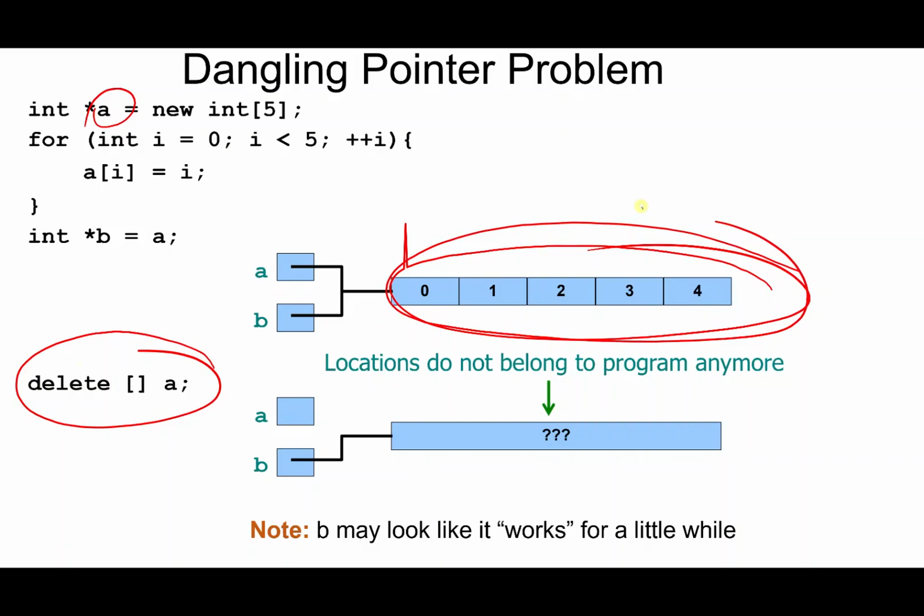So basically now I think I don't have access to those locations. Actually, you do have a pointer. This is the dangling pointer, a pointer that's still pointing at those locations, and those locations are going to be given to another process by the operating system.